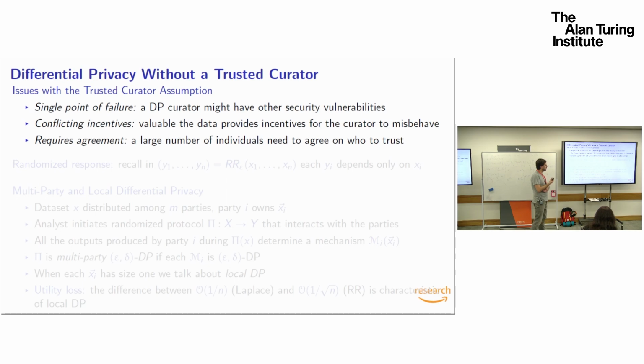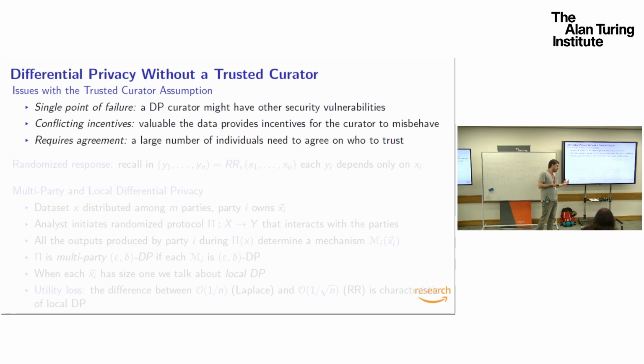Okay, so what are the issues with this trusted curator assumption that I've been using, especially when I was talking about differentially private machine learning? Well, there are several issues in my opinion. One is that this introduces a single point of failure. There's one curator that has the data about everyone.